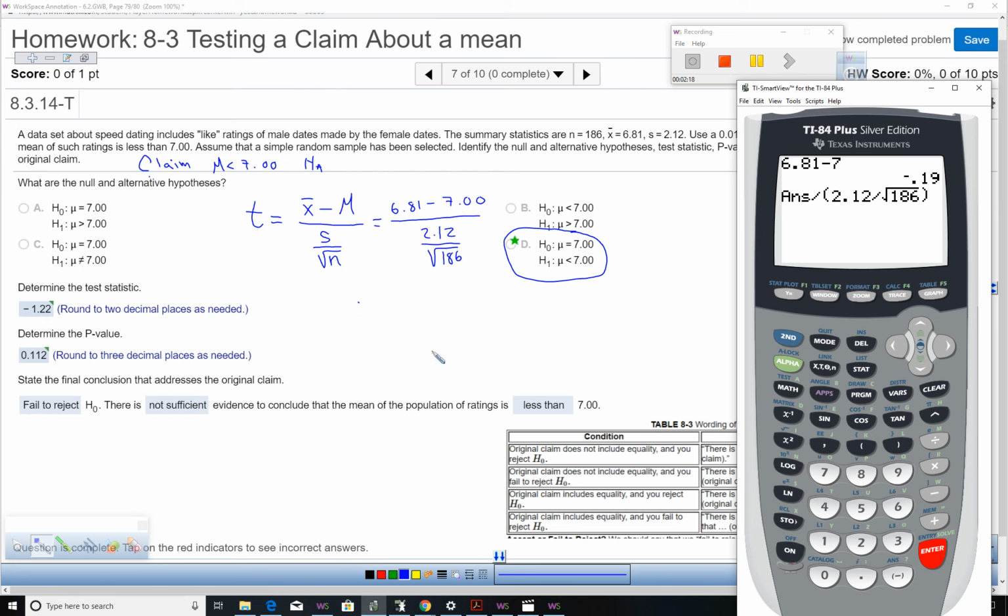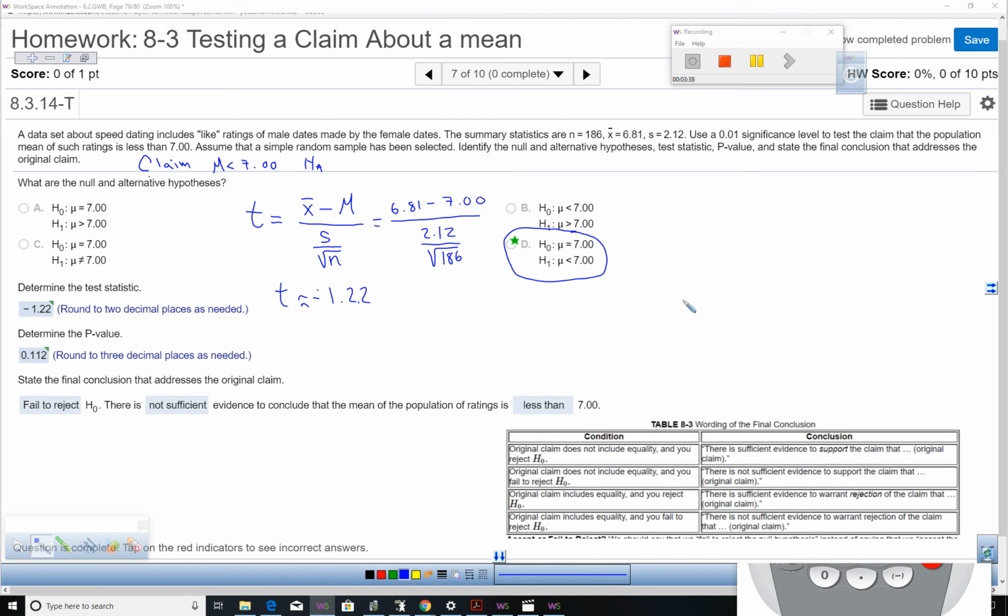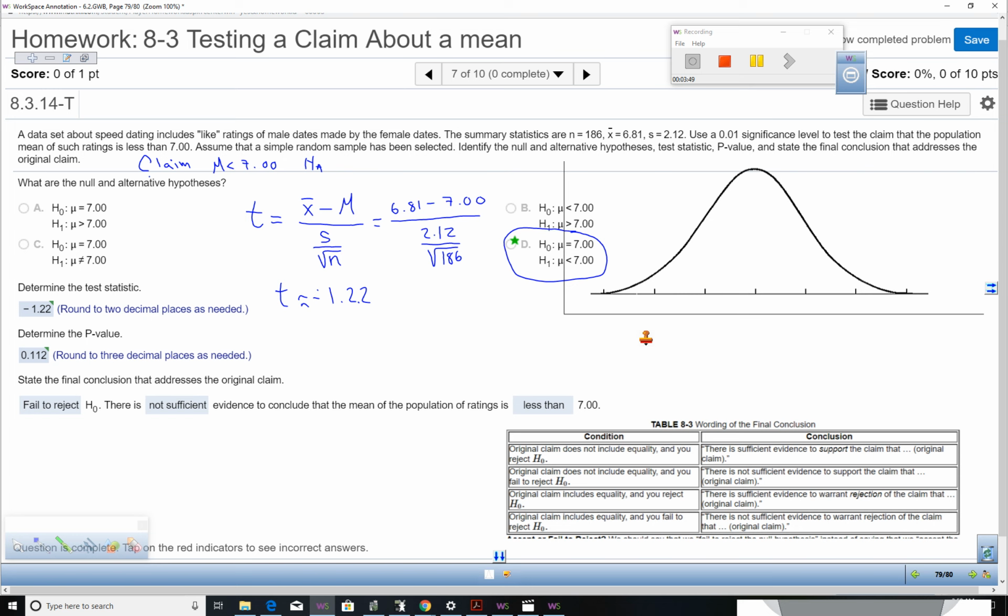And let's determine the p-value. So once I find that test statistic, let me determine the p-value. First of all, I need to identify the type of test that I will have here. It is a left tail, so a left tail like that.